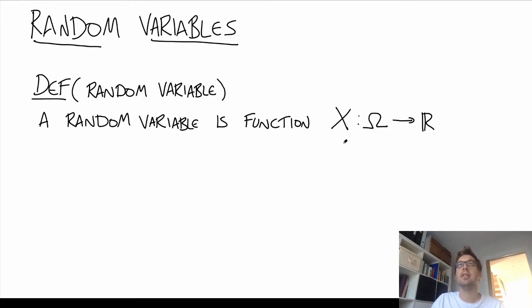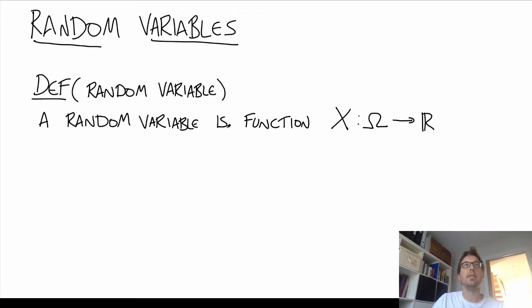Also, another thing to add is often people use capital letters for random variables. You don't have to, but ordinarily people have things like capital X, capital Y, capital Z, things like this to indicate that you're working with a random variable. Okay, that's a convention, a bit like using boldface for vectors as well.